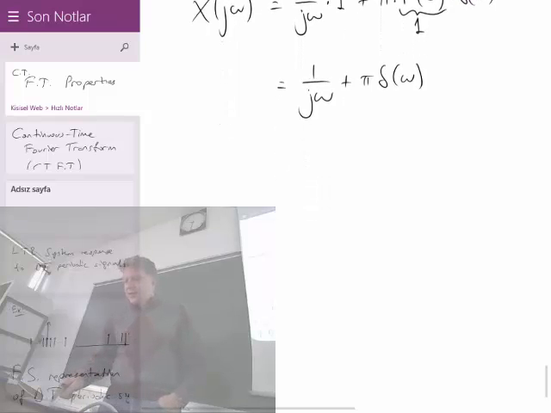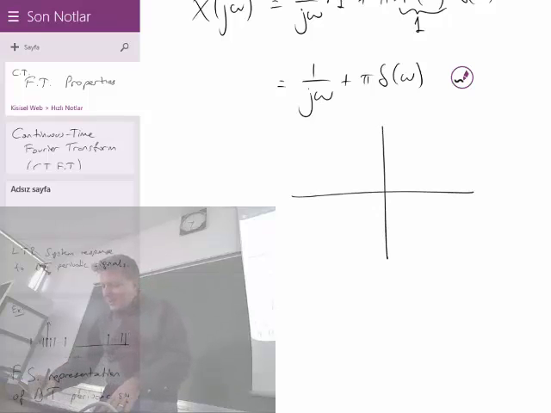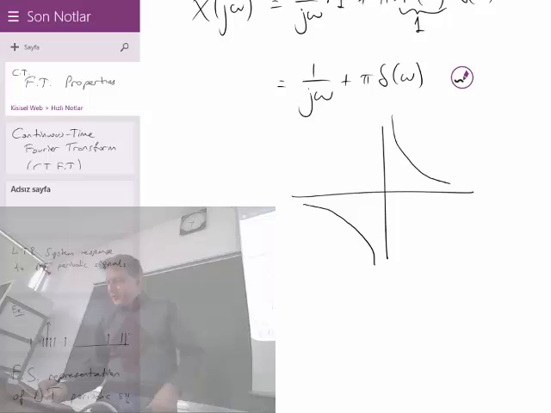It's difficult to plot it because the first term is imaginary. But if you think of it to be real, let's assume that it's not 1 over j omega, but it's like 1 over omega. Then the shape will be something like 1 over omega for positive and negative frequencies, diverging at omega equal to 0, plus an extra impulse, something like this.